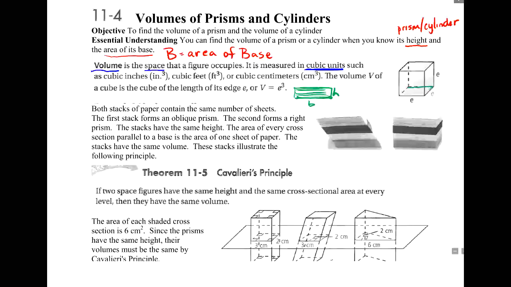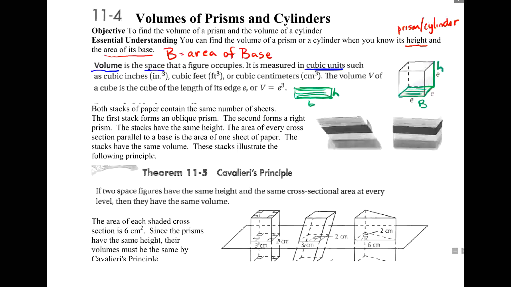Well, if we have the area of this base and we stack a whole bunch of areas up, that turns into a volume. So this is the area of our base, big B, with all of our lines stacked up here. And then we stack those some height and we get volume.